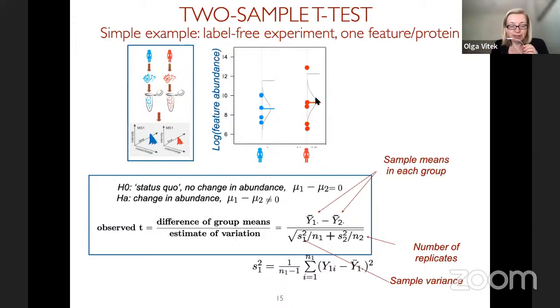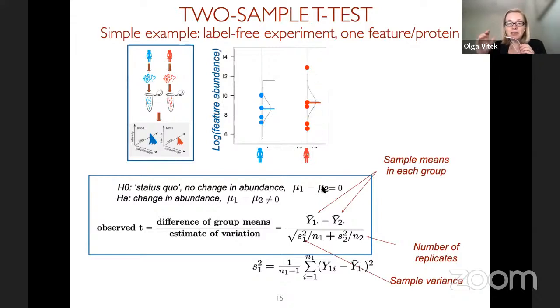What is easy to assume is that on average in the underlying populations, the two protein abundances are the same. There is a convention in statistics that we use Greek letters such as mu for things that we never observe. So in large populations, we never know what the protein abundances are. Let's say mu1 is the population mean for the healthy, mu2 is the population mean for the disease.